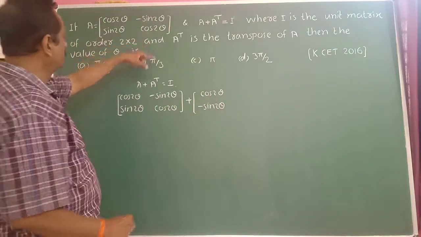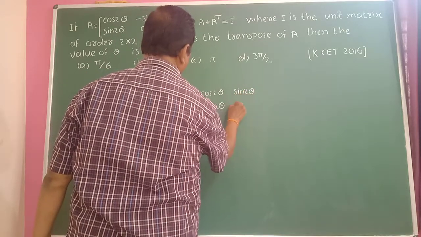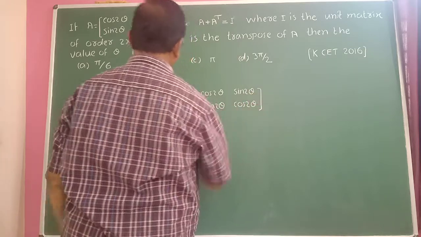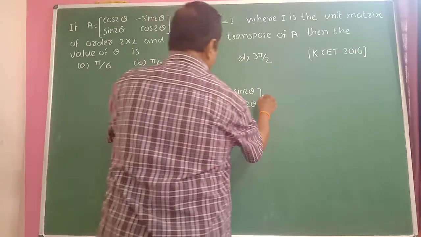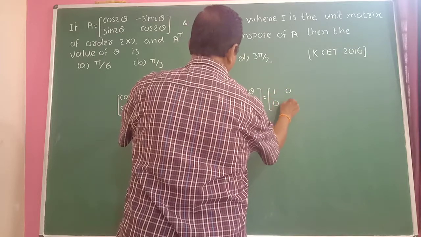Multiply this row with the column here: sin 2 theta and cos of 2 theta, is equal to identity matrix or unit matrix [1, 0; 0, 1].